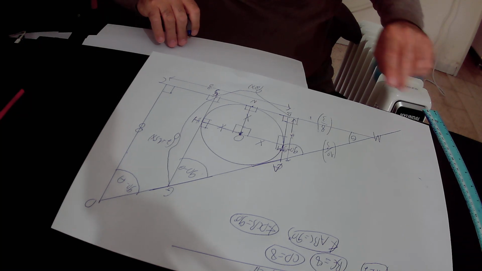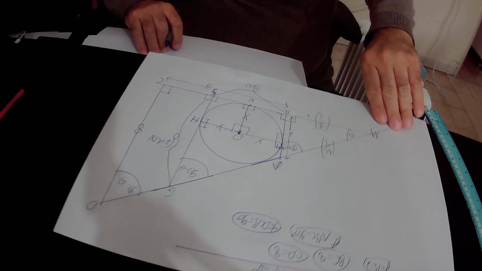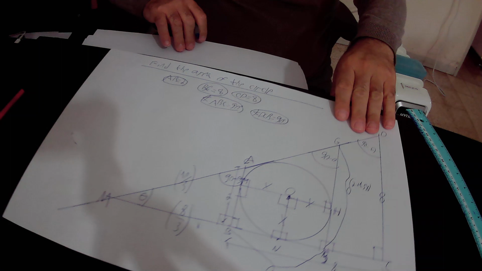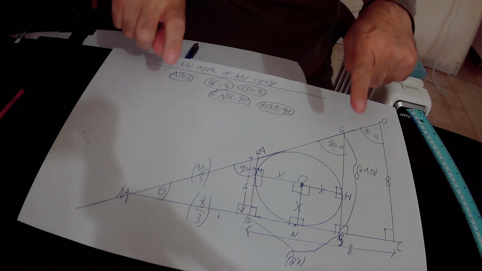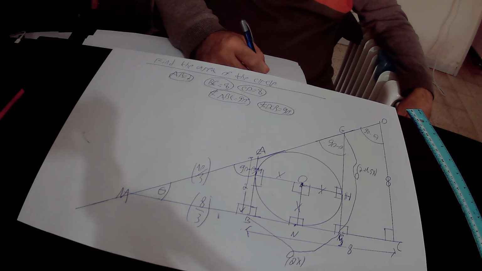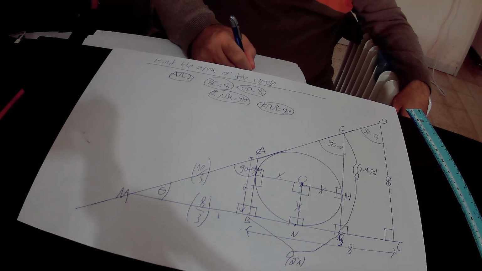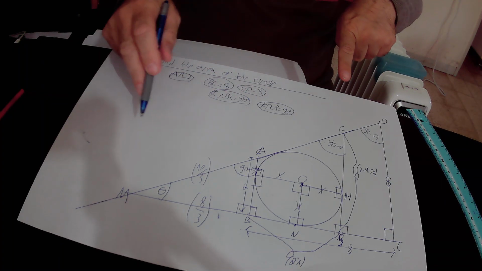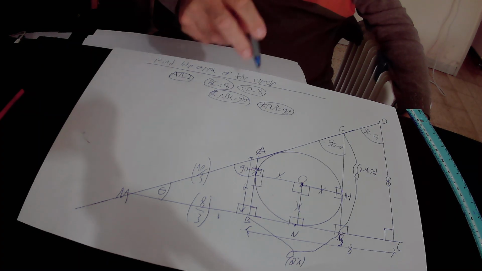So the big triangle GMS is similar to the small triangle AMB, therefore the following relationship exists between their sides: MS in the big triangle over MB in the small triangle is equal to GM in the big triangle over AM in the small triangle.